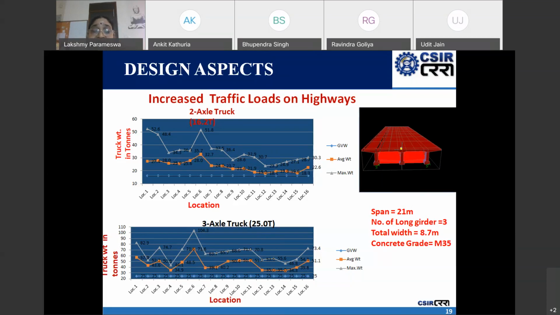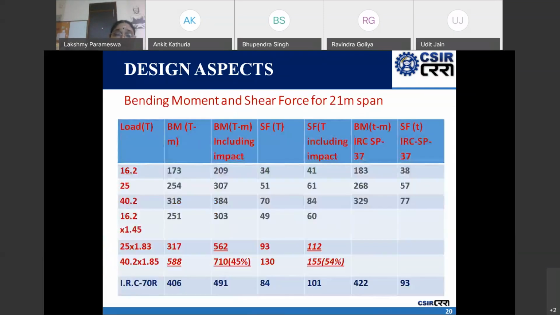And now there is a revision in the Motor Vehicle Act also, and the axle loads have been enhanced. But what exactly happens is that because of this overloading there is an enhancement in the bending moment and shear force, and every time the truck is plying, there is an overstressing of the deck which is happening. So that may affect the life of the structure.